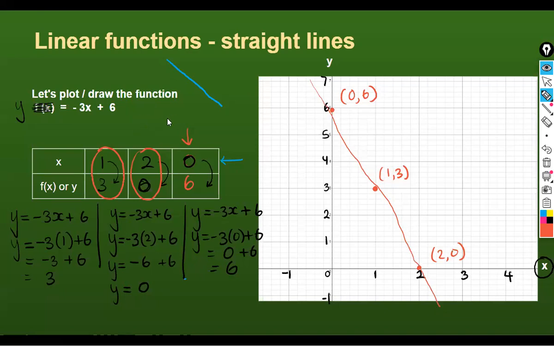At the beginning of the question, did we not predict the line would slope downwards? Look at it, our line is sloping downwards. And we predicted it would cut the y-axis at 6. And look at it, it did cut the y-axis at 6. So our prediction is correct.